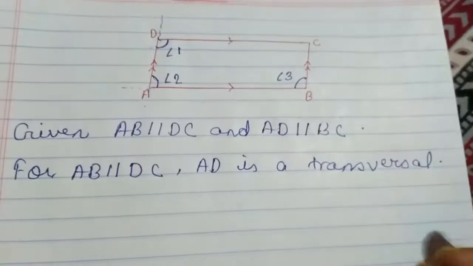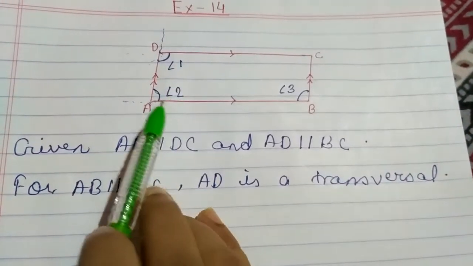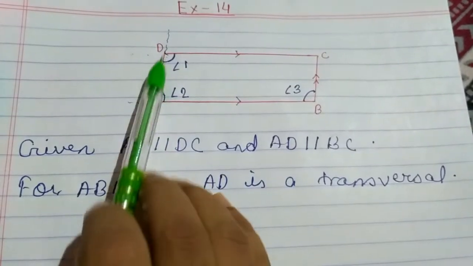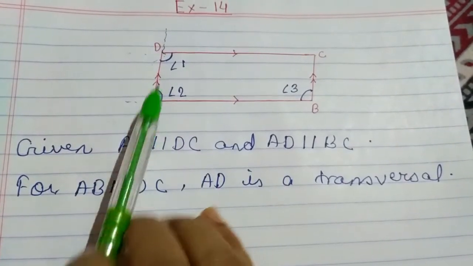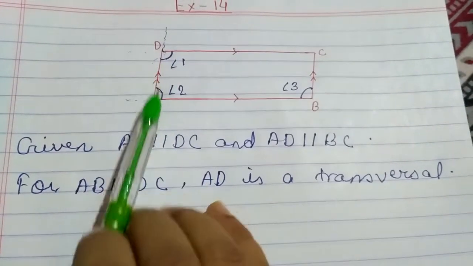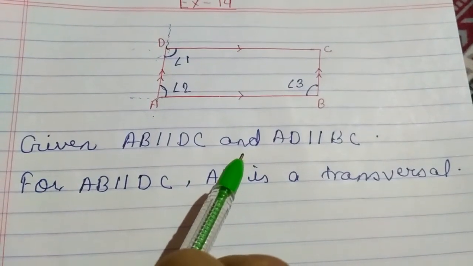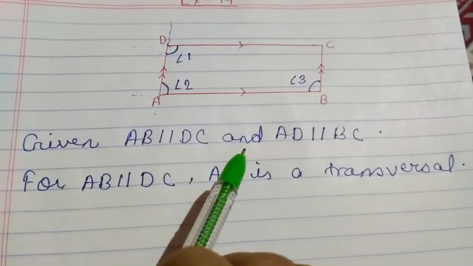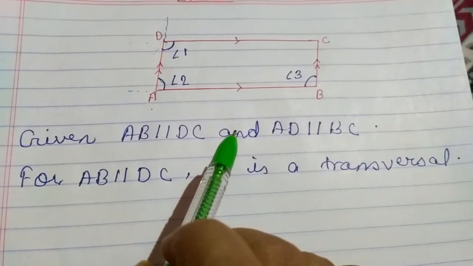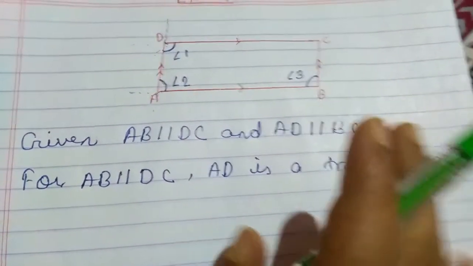Okay. So if AB is parallel to DC, these two lines are parallel, then this is a transversal. So what is the name of these angles? Yes, co-interior angles, or you can call them consecutive interior angles. Understood my words?